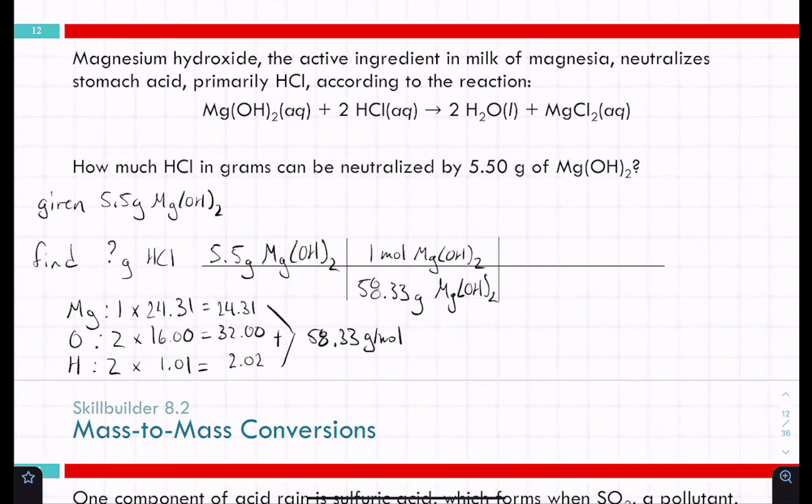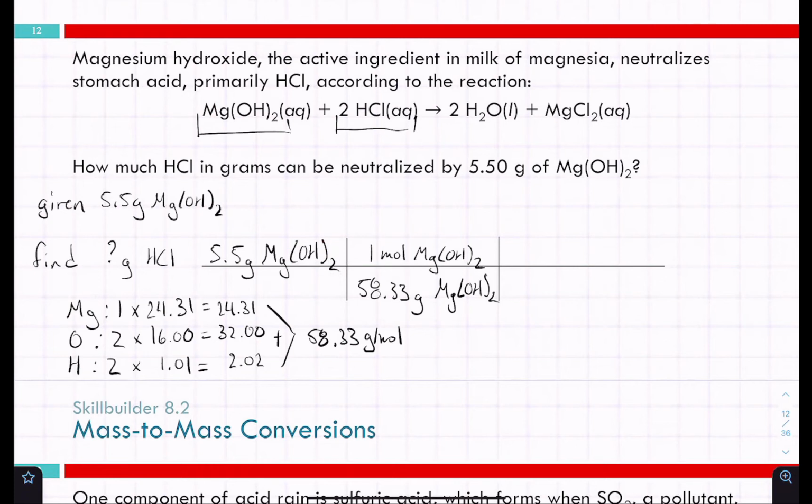Got to go from moles of A to moles of B. We will need the mass of hydrochloric acid, but not for this step. The ratio between what we have, magnesium hydroxide, and the hydrochloric acid. So 1 mole of magnesium hydroxide.